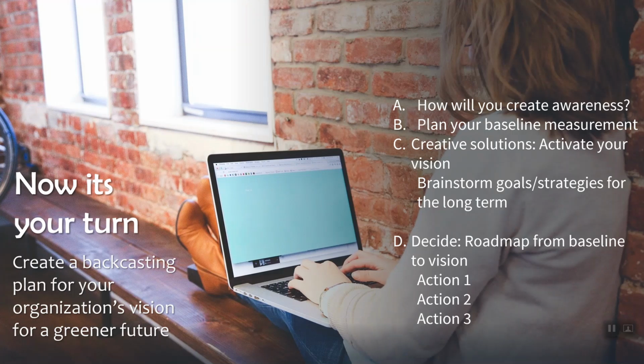Now it's your turn. Create an ABCD plan for your organization's vision for a greener future. First, how will you create awareness of your organization's impacts and opportunities? How will you measure your baseline? Brainstorm goals and strategies for the long term. And finally, what actions can the organization take to reach its vision?